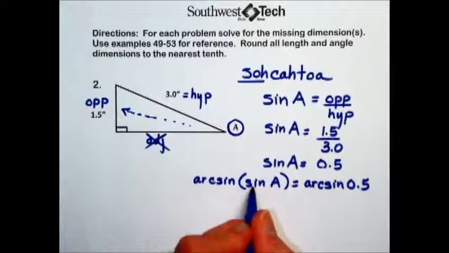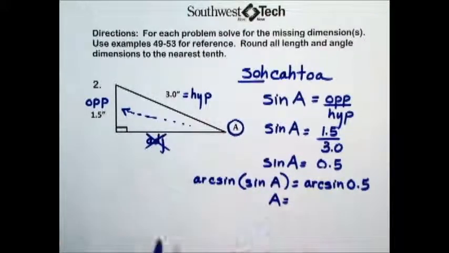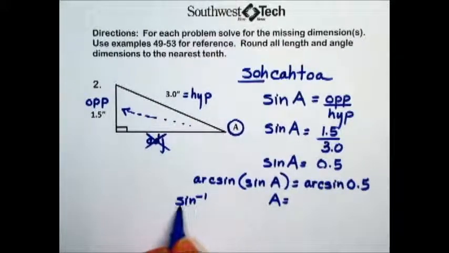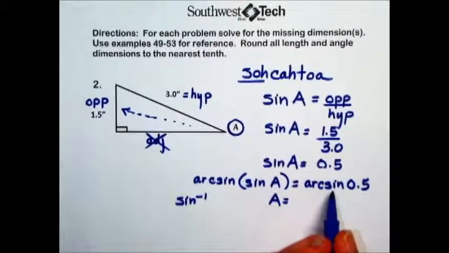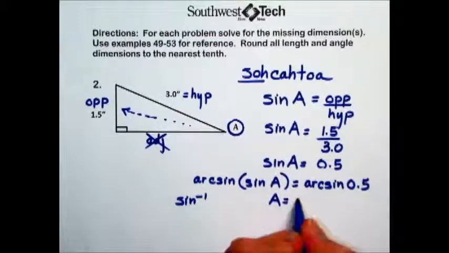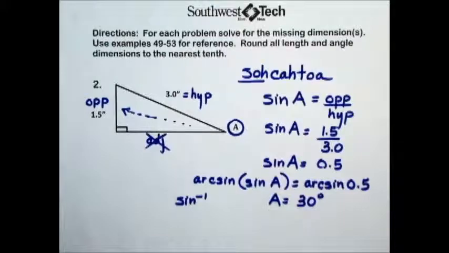The arc sine of sine leaves us with angle A, and the arc sine of 0.5 using our calculator, and most likely seeing sine to the negative 1 to symbolize the arc sine function, will give us a value of 30 degrees for the measure of this acute angle.